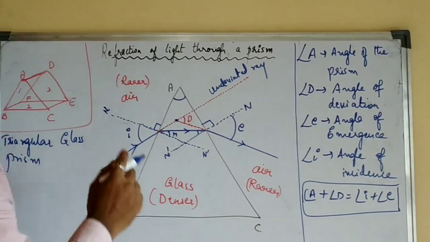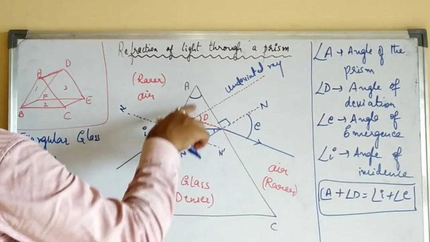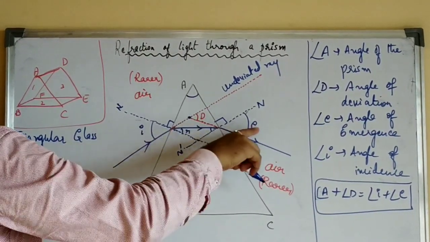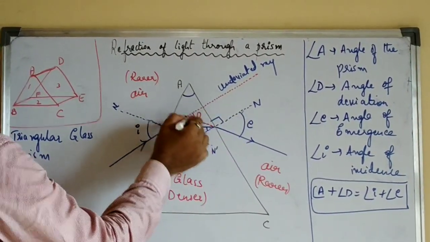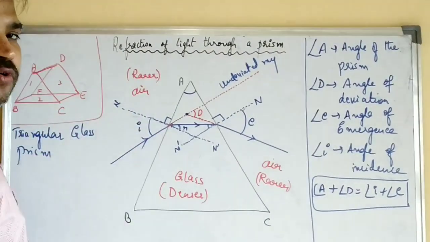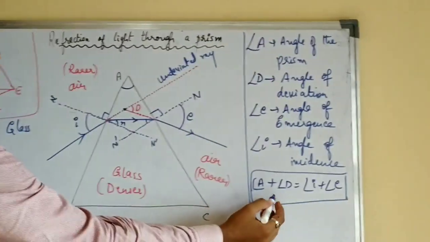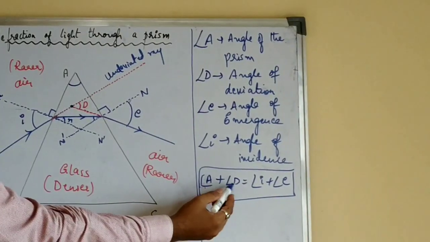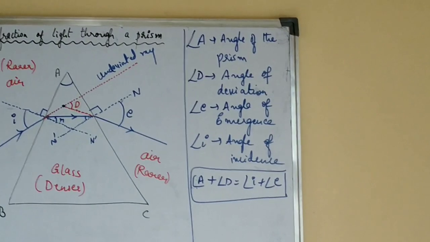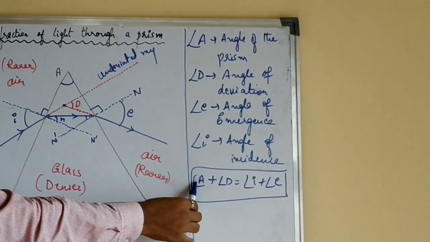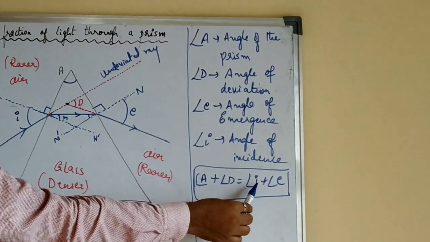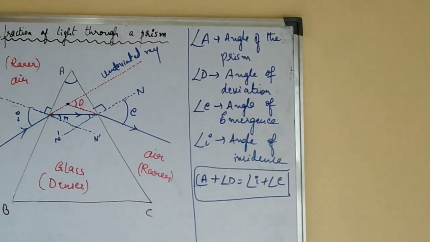Now what is the relationship that binds the angle of prism, angle of refraction, incident angle, angle of emergence and angle of deviation? D is angle of deviation. All these angles are bound by a relation. You can see here, angle A plus angle D is equal to angle I plus angle E, which means the sum of principal angle and the angle of deviation is equal to the sum of angle of incidence and the angle of emergence.